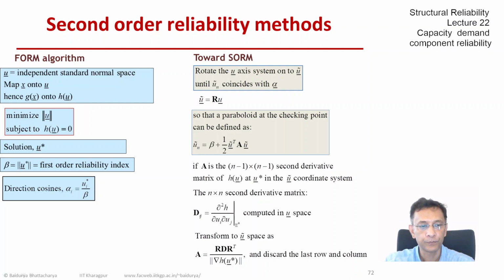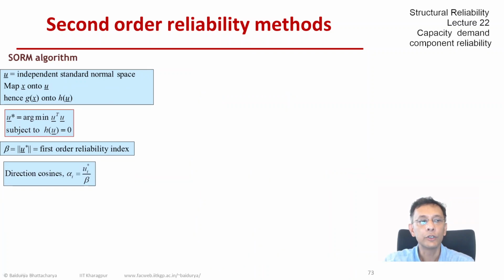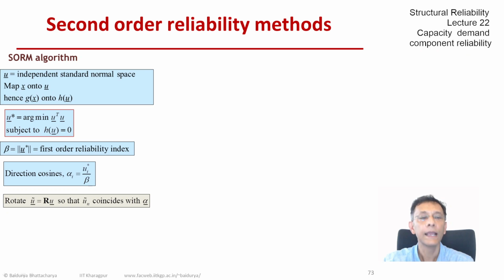So to summarize, we find the minimum distance point in the independent standard normal space just as we did in FORM. So that would be u star. We find the beta of the minimum distance. We find the direction cosines that this minimum distance makes with the origin. And then we try to fit a paraboloid at that minimum distance point.